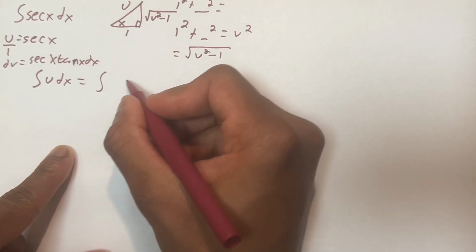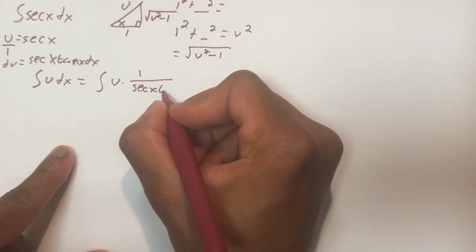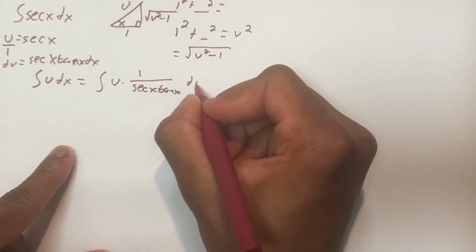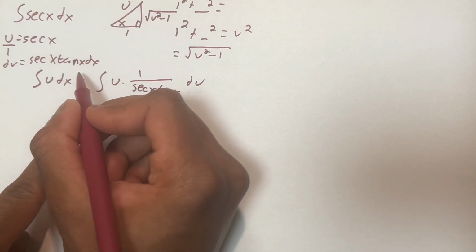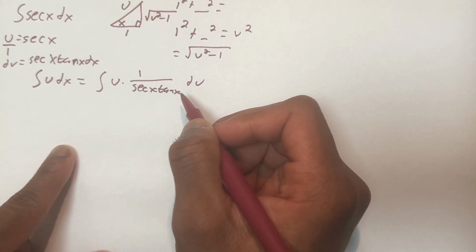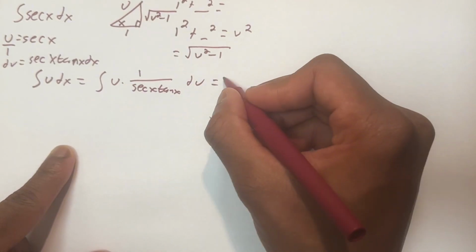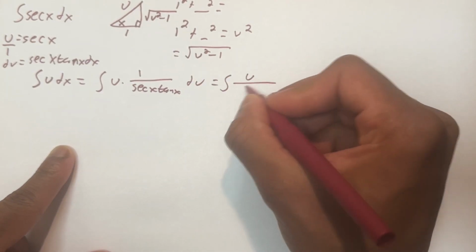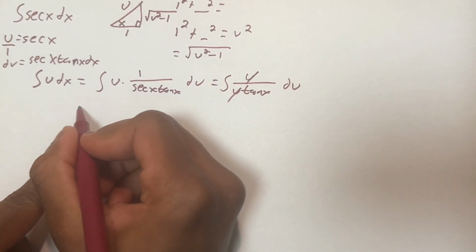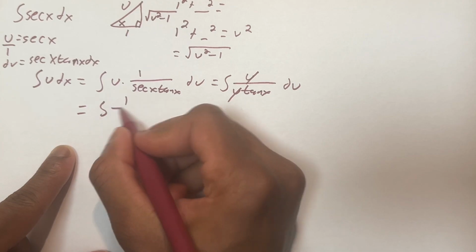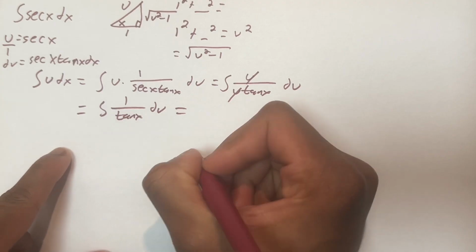If we divide both sides by secant tangent, we get what dx equals. So we know secant x is u, so the integral of u over u tangent x du, cancel those out, and then we just have 1 over tangent x du.